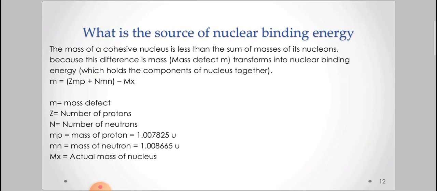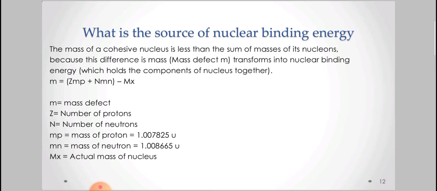What is the source of nuclear binding energy? The mass of a cohesive nucleus is less than the summation of the masses of its nucleons, because this difference, the mass defect, transforms into nuclear binding energy.